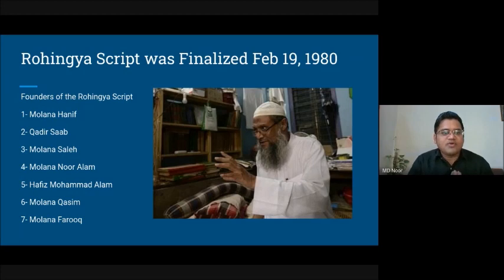So there were 7 founders who finally founded this, led by Molana Hanif. In the picture is one of the latest pictures of Molana Hanif, who lives somewhere in Cox's Bazar in Bangladesh, in exile as well.